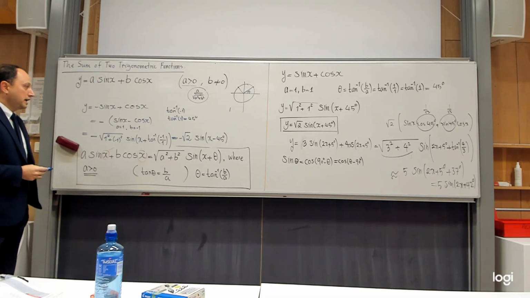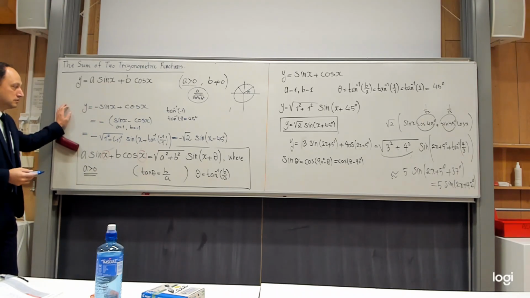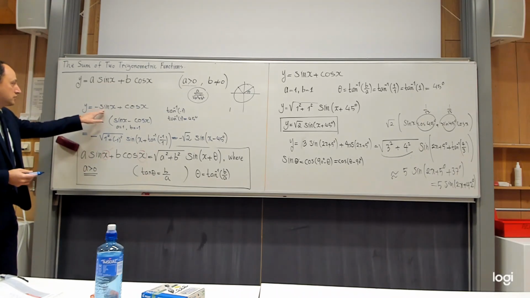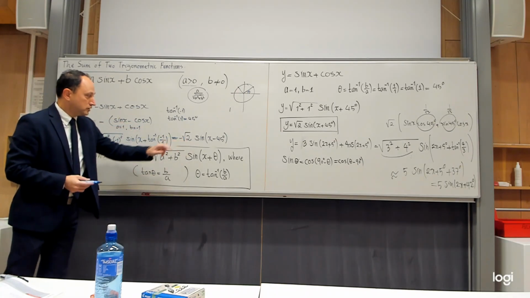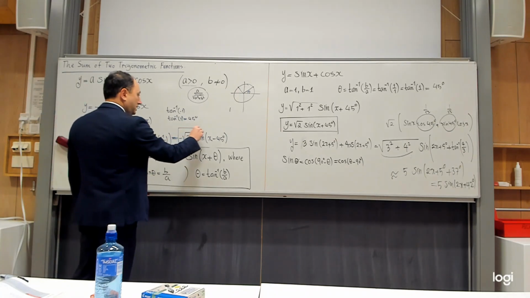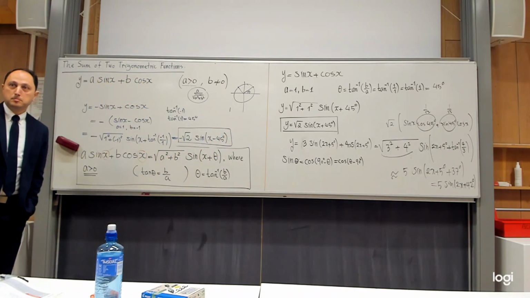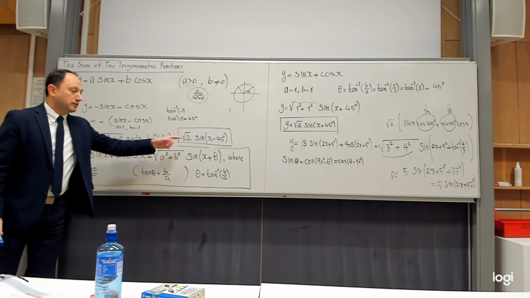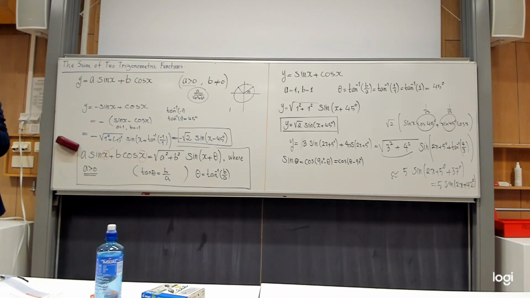So now, if I ask you the same question, what is the maximum of this function at the end? Instead of answering this question for this function, you change it into this function and answer the same question here. What is the maximum and minimum of this function? Can you tell? What is the amplitude of this function? Yes? Negative square root. No, be careful.